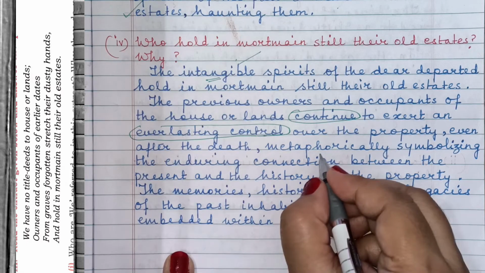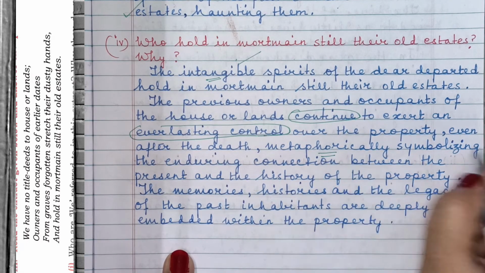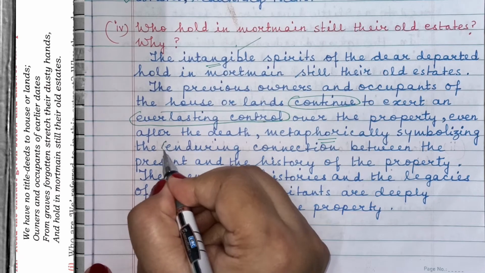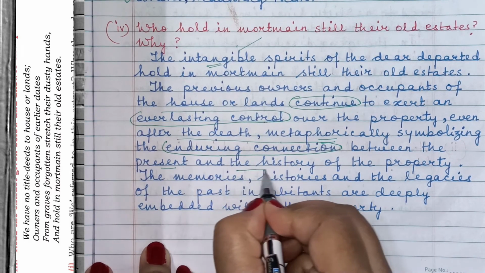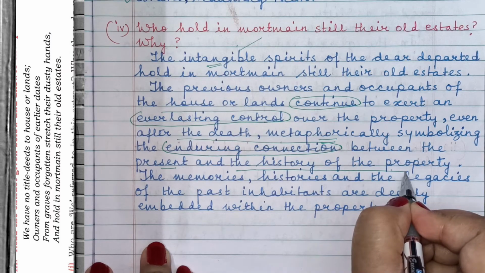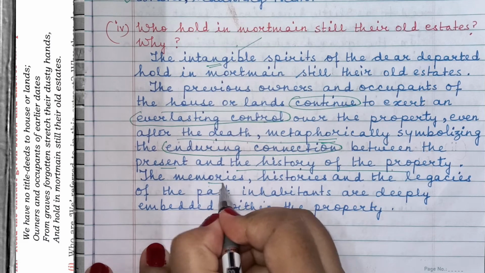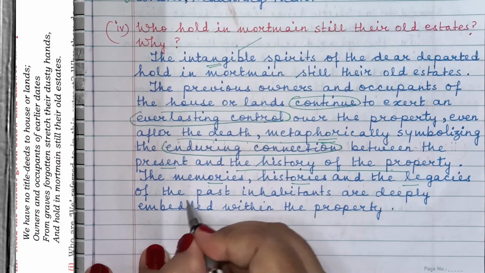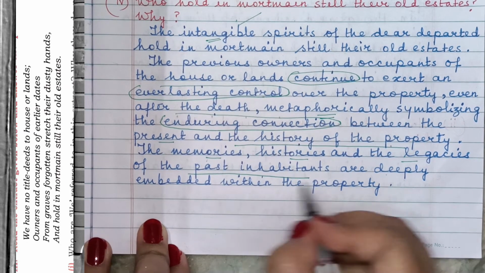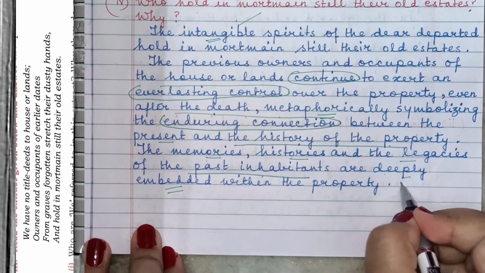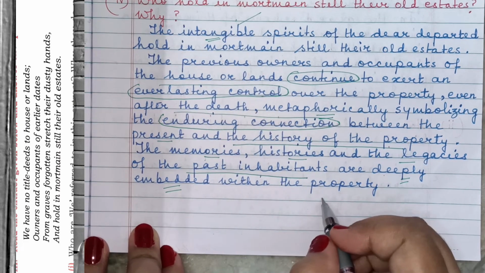And how is this possible? Metaphorically, symbolizing the enduring, lingering connection between the present and the history of the property. You cannot erase the memories, the histories, the legacies of the past inhabitants. These things are deeply embedded within the property.